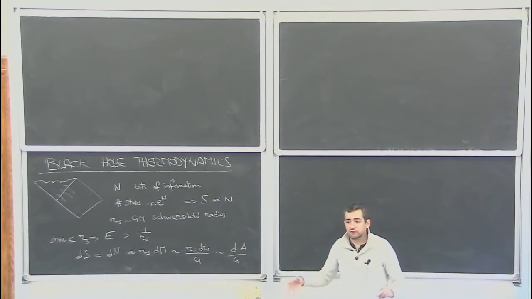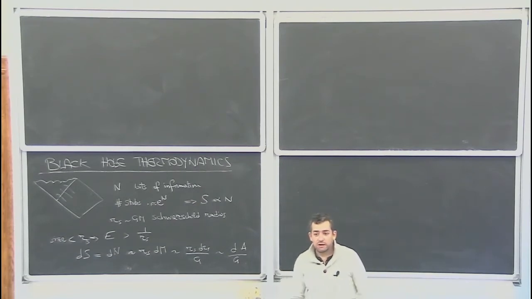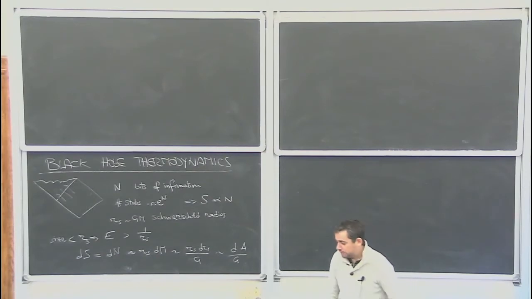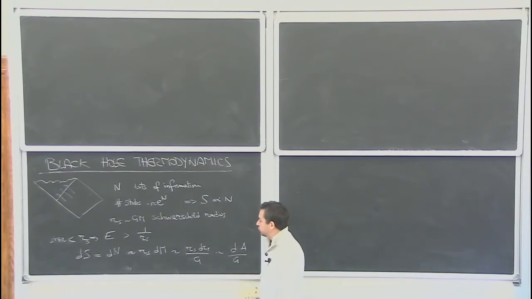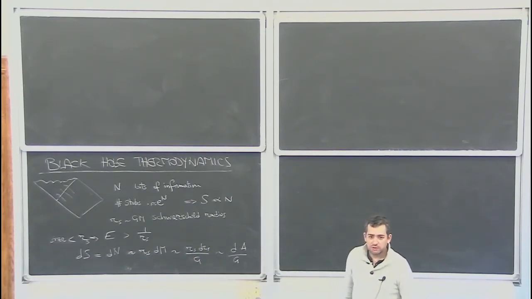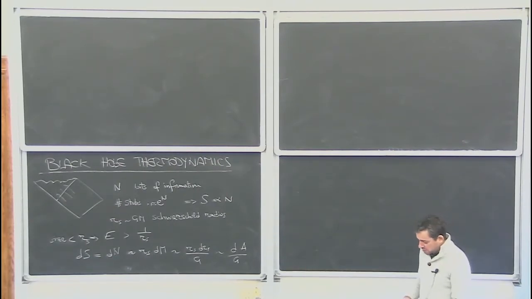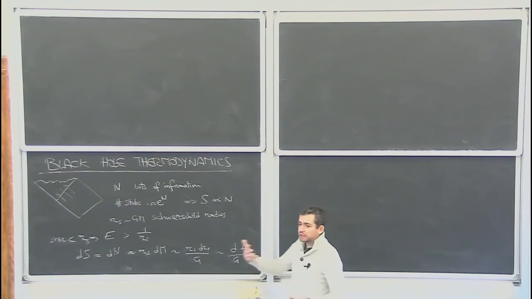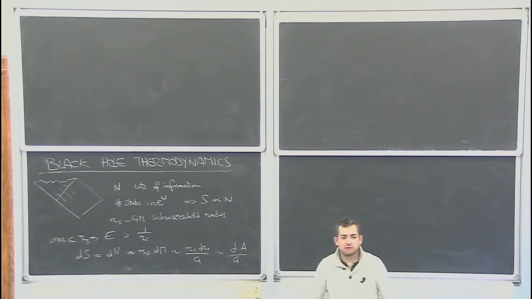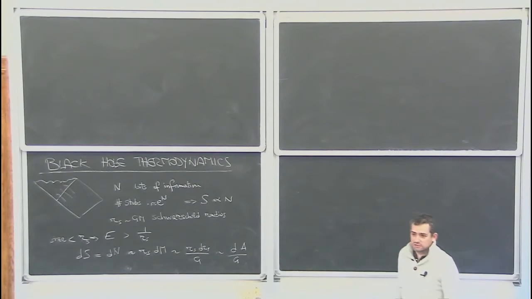They are the only parameters in the solution, as we saw for Kerr-Newman. There is no other hair on the black hole. So since there are many ways to form the black hole, maybe there is an entropy associated to the many different ways in which we can form the same macrostate, that is, the same black hole. So enumerating these microstates, these many different ways to form the black hole, maybe gives the entropy. These are just thoughts, let's say.